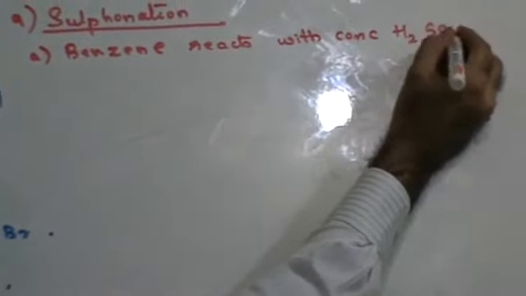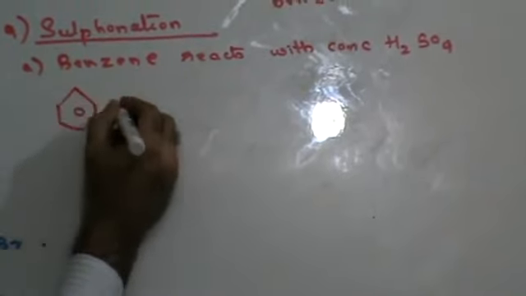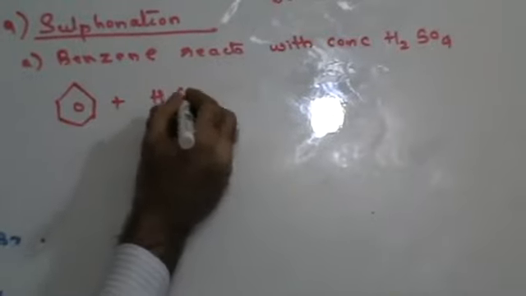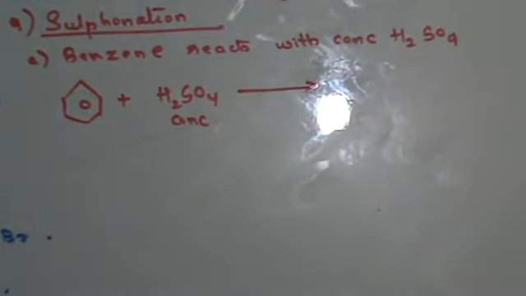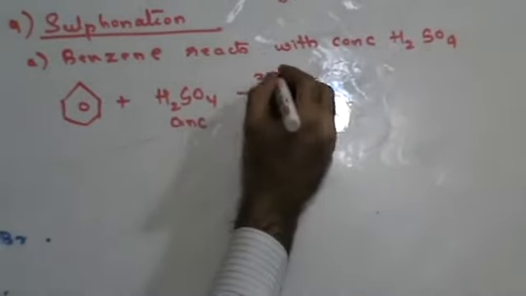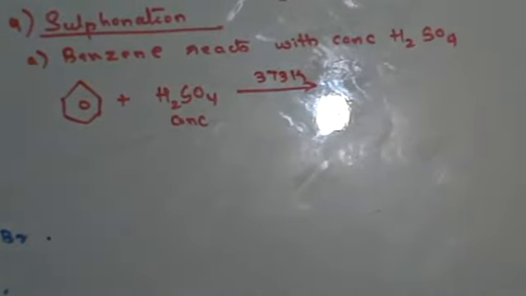Benzene reacts with concentrated sulfuric acid. The reaction takes place at 373 Kelvin. Obviously, if it's a concentrated acid, the first thing that will happen is dehydration.